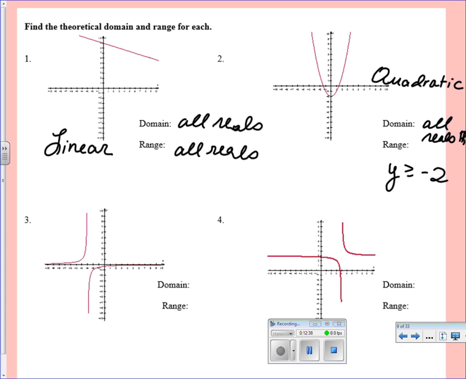Okay. What do you think number 3 is? What family? That's a rational. And then it's got to have that domain. So now we have to figure out where it is going wonky.